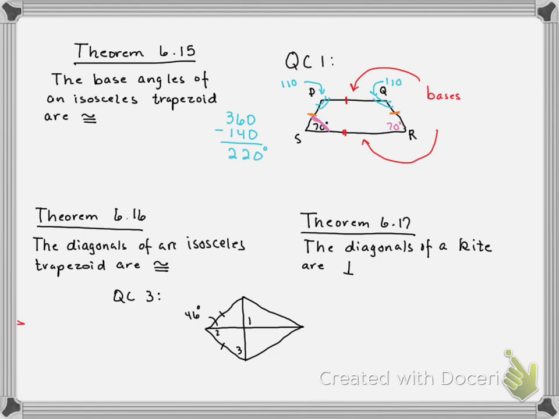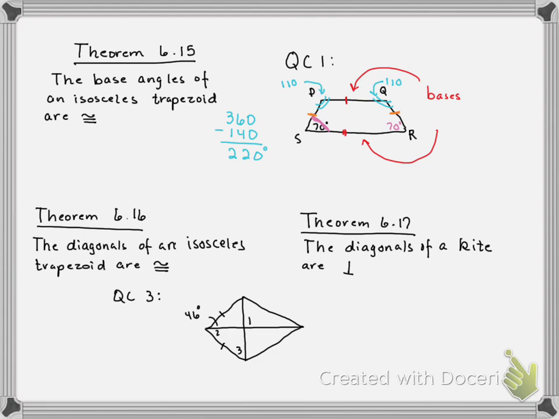Now theorem 6-16 talks about the diagonals of an isosceles trapezoid. The diagonals, and that is not the quick check 3. The diagonals of an isosceles trapezoid are congruent. The other four-sided figure that has congruent diagonals is a rectangle, okay?